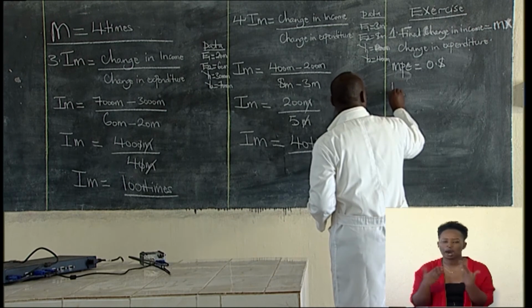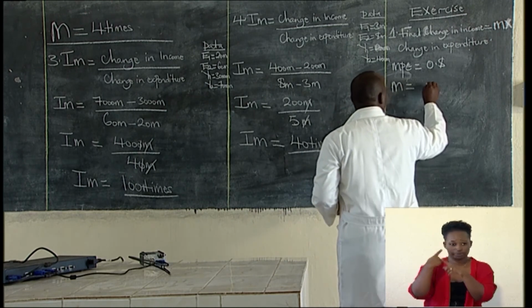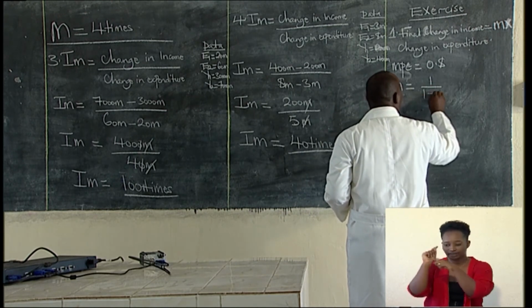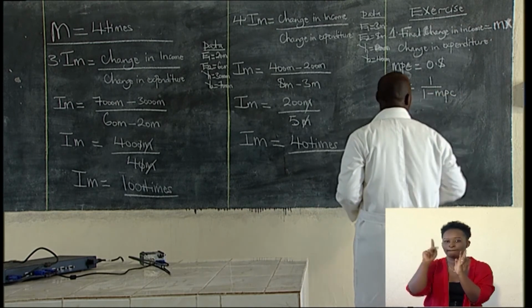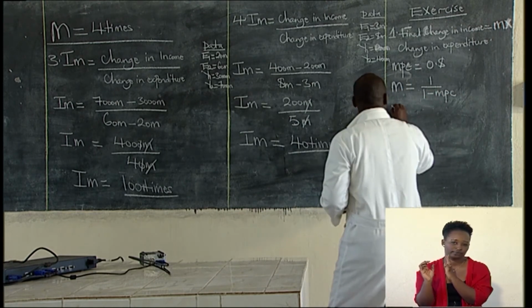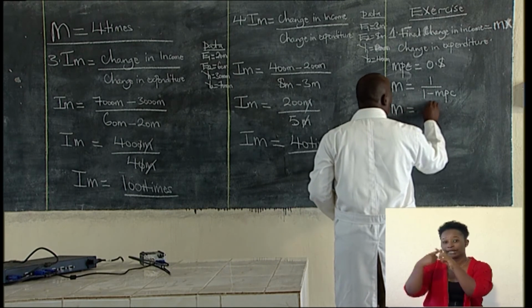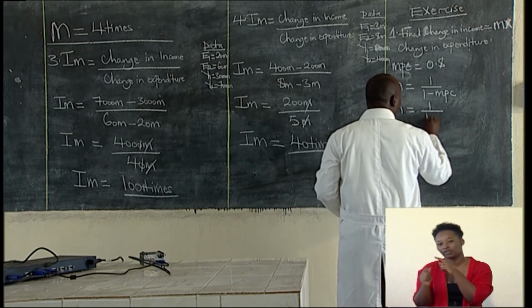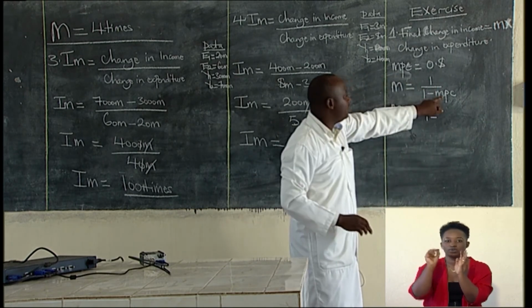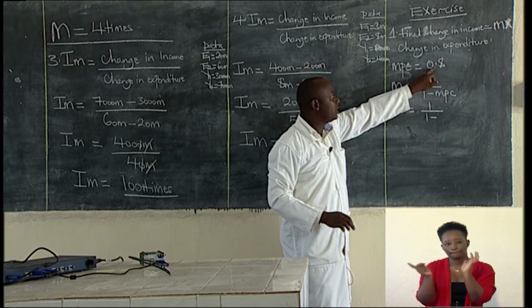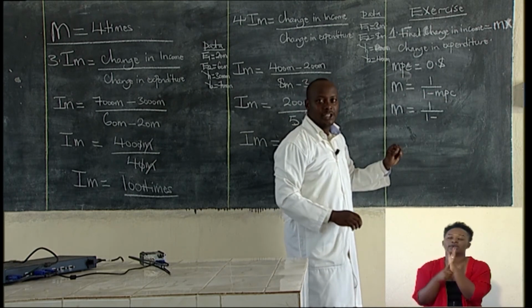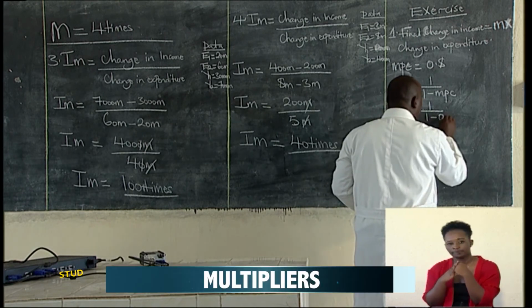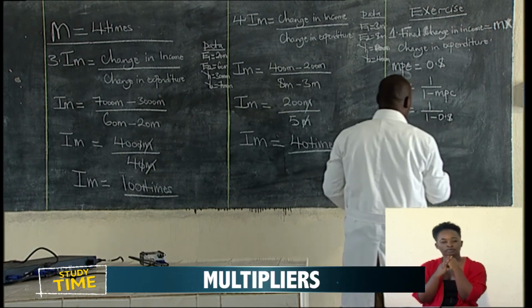The multiplier is equal to 1 divided by 1 minus marginal propensity to consume. Our multiplier is equal to 1 divided by 1 minus 0.8, where for marginal propensity to consume we substitute 0.8.